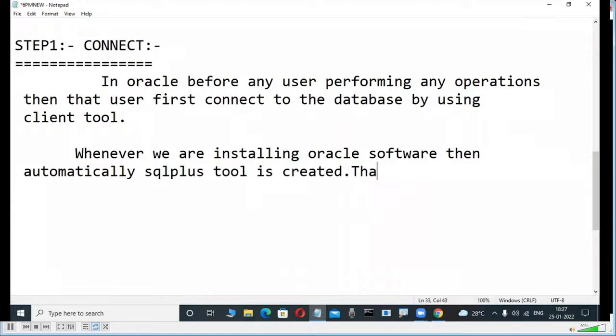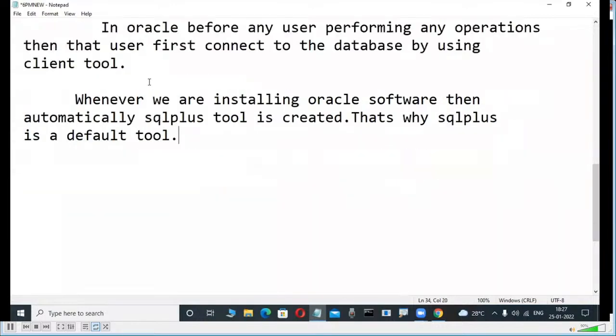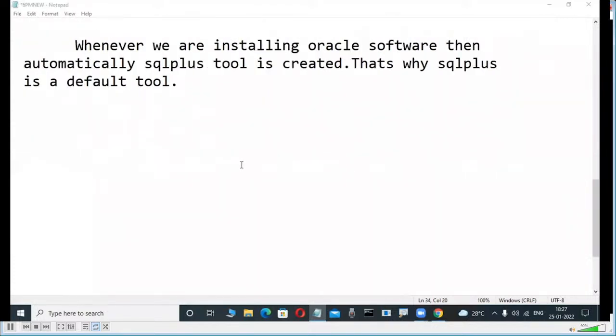That's why SQL Plus is a default tool. Default tool means you are not required to install it. That's why the SQL Plus tool is a default tool.